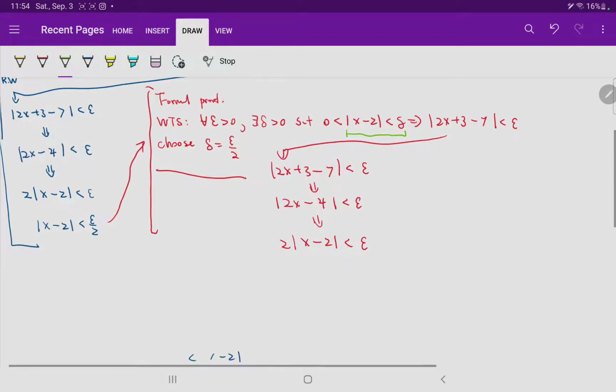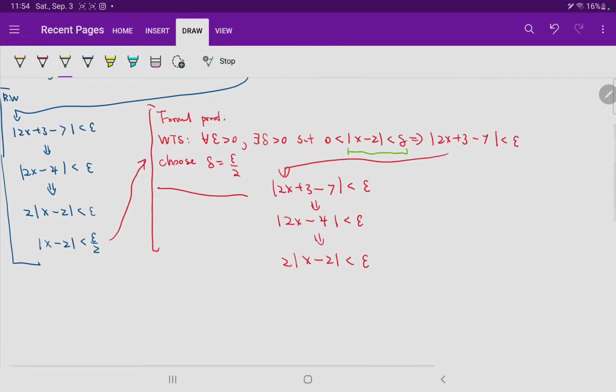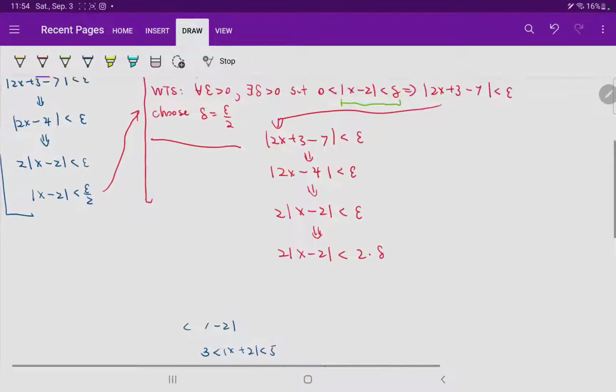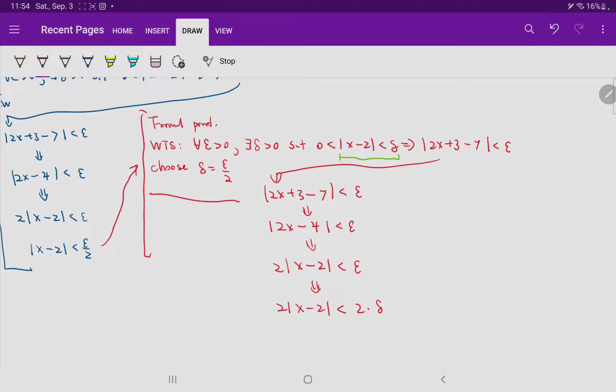So we can write it as 2 times the absolute value of x minus 2 is smaller than 2 times delta, because our assumption is that delta is bigger than the absolute value of x minus 2. Of course we can replace it in an inequality like this.